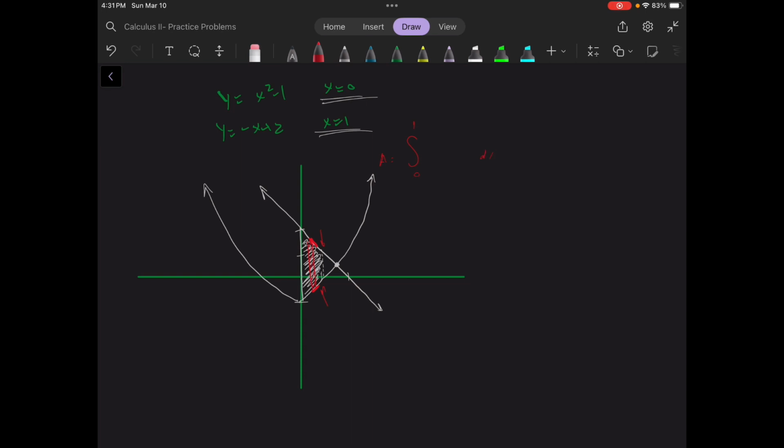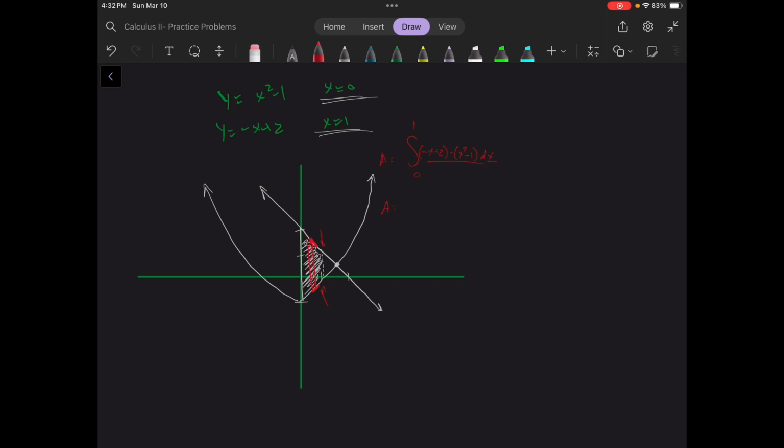And the width is delta x or dx. The displacement or the length of this slice is the top function, negative x plus 2, minus the bottom function, x squared minus 1. So this gives the length of any arbitrary rectangle between 0 and 1, and this is the width. And we can integrate them to find the total area.